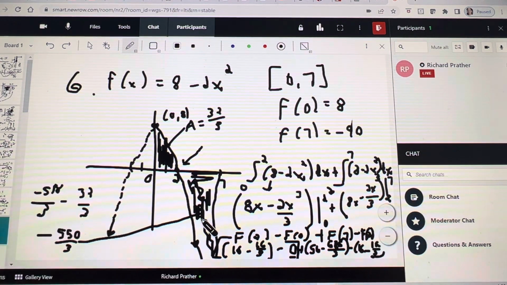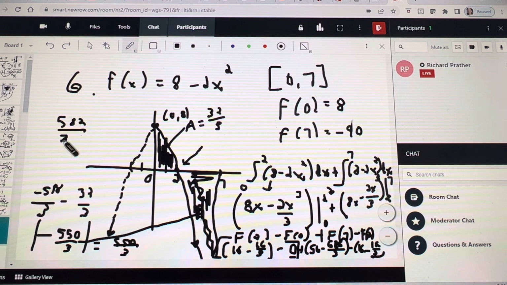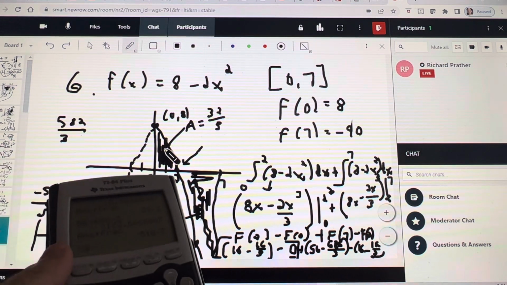So if I wasn't doing area, I would just do 32 over 3 minus 550 over 3 and it'd get some large negative value. But since you're doing area, then the absolute value of this will switch to 550 over 3. And then you can add that to 32 over 3, and you'll get a total area of 582 over 3. And does that divide by 3?